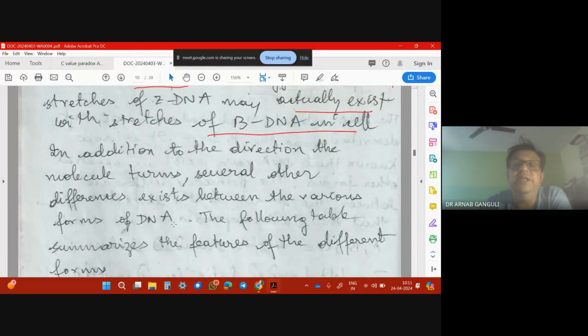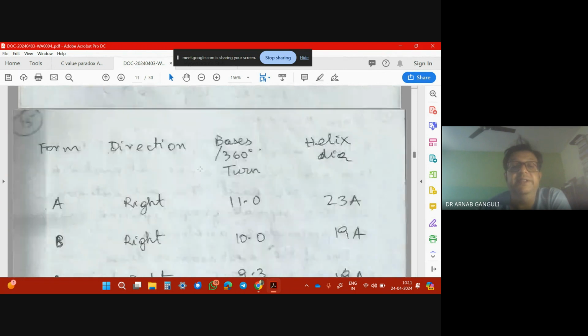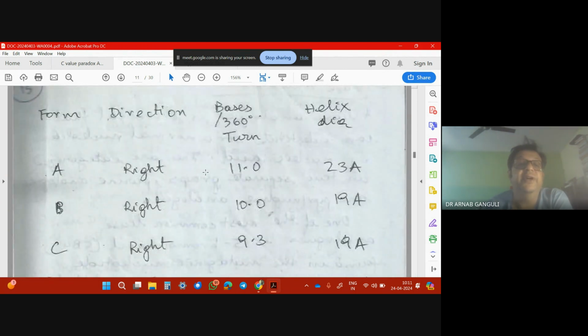In addition to the direction the molecule turns, several other differences exist between the various forms of DNA. So what are the differences? First, whether it's A, B, C, or Z. Then the direction of the turn, right-handed or left-handed.